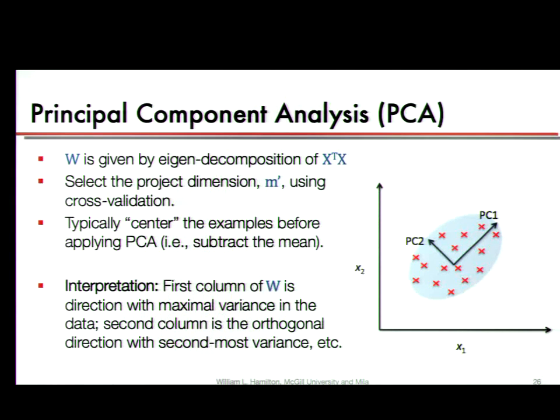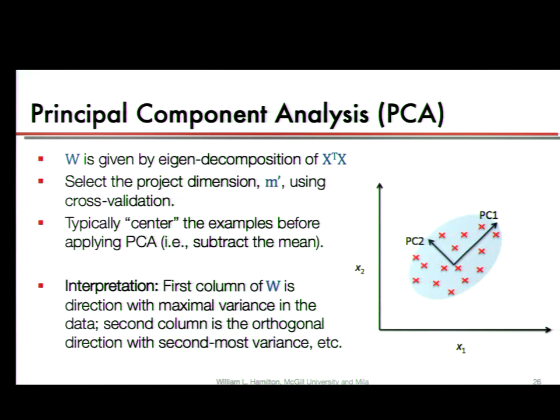And the second is the direction in your data that has the second most variance, conditioned on it being orthogonal to the first eigenvector, and so on. And so this is useful because once you're getting down to, say, the 10,000th eigenvector, the variance is so small, and in fact, that's probably just noise in your data for a lot of data sets. So it makes sense to just throw that away, because otherwise you're just going to overfit to that noise. That's the motivation for why you want to do this.